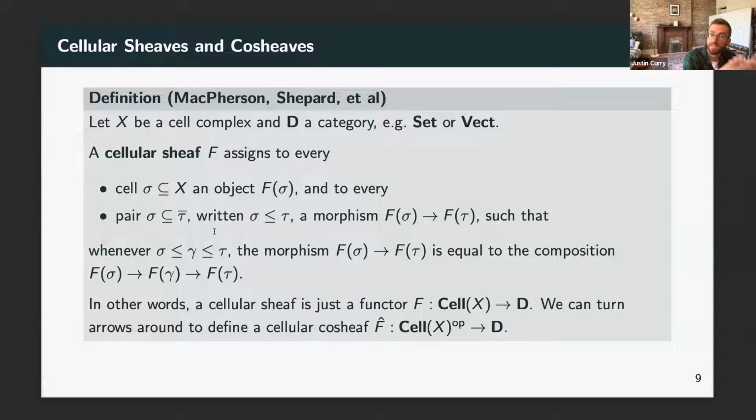That's because we just assign data to cells, and the union of cells isn't necessarily a cell, it's just a union. The reason you can think of the cellular object as a sheaf or a cosheaf is that you can force the sheaf axiom or gluing axiom to hold when you consider a union by just defining the value to be the limit or colimit.